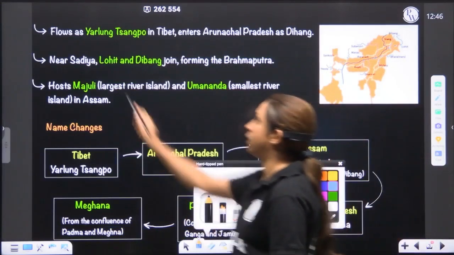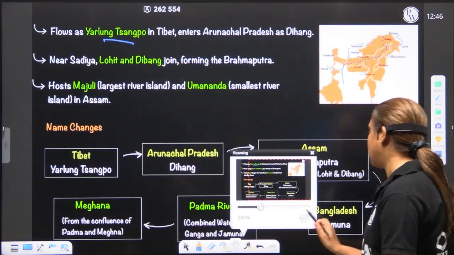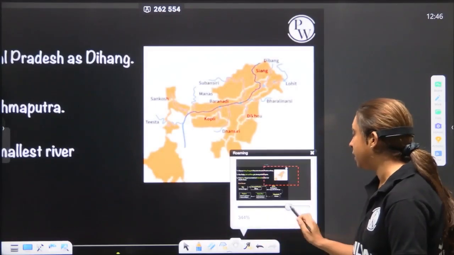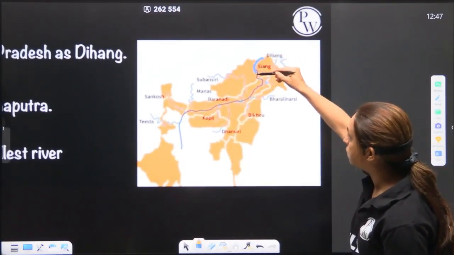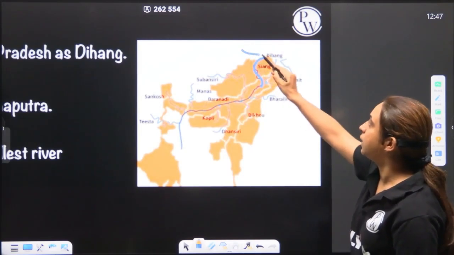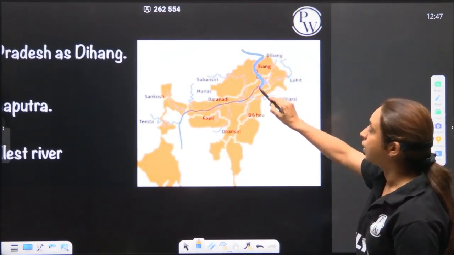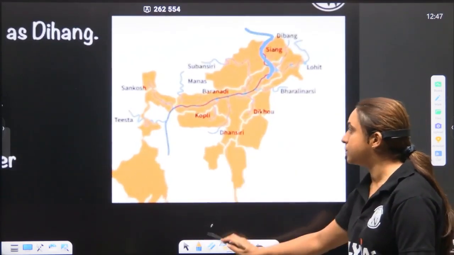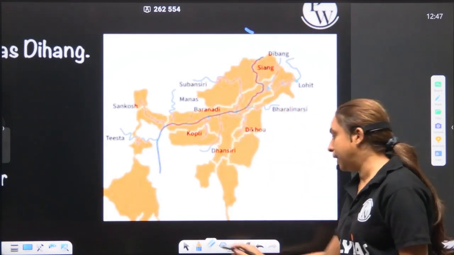You know that it is flowing as Yarlung Sangpo in Tibet, and when it enters Arunachal Pradesh, it is known by a name, Dihang. It is known as Dihang or Siang. When it is entering India, it is not known as Brahmaputra. It is known as Siang or Dihang, and then it is combined by Dibang.